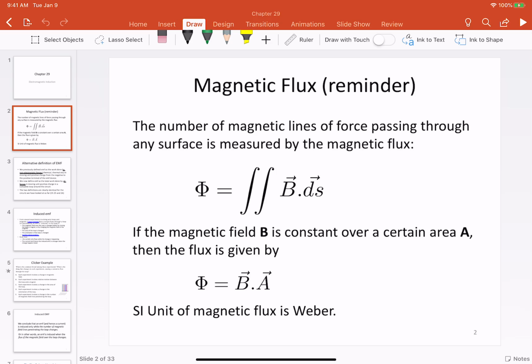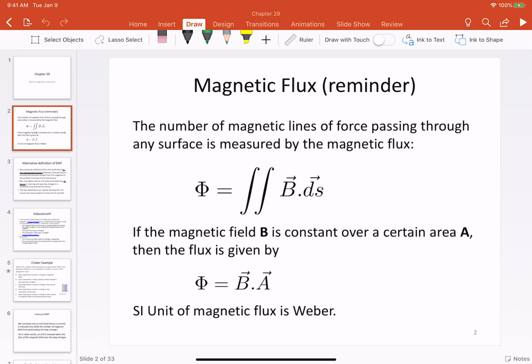Mathematically, it can be expressed as flux phi is equal to the surface integral of B dot dS. Okay, so if the magnetic field B is constant over a certain area A, then the surface integral just becomes B dot A, the dot product of B and A, right?